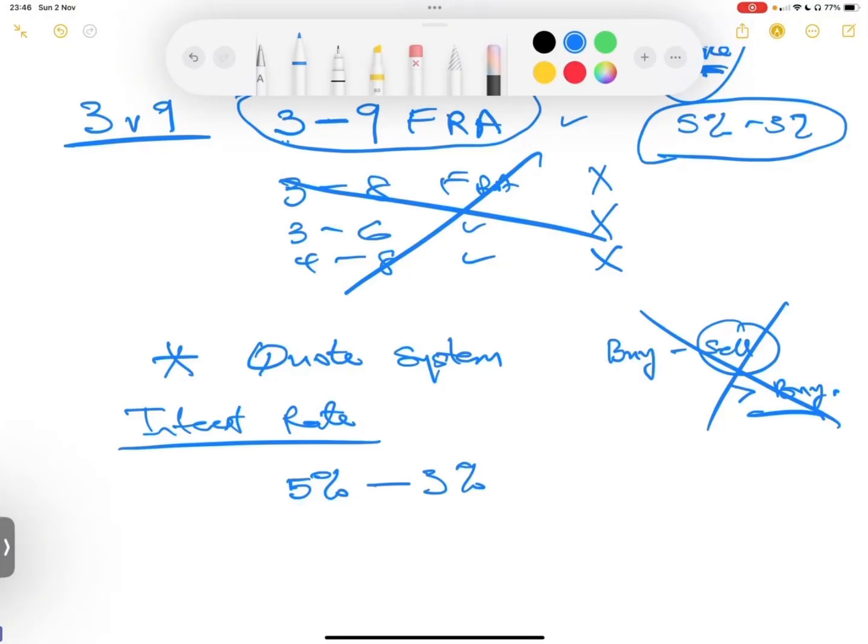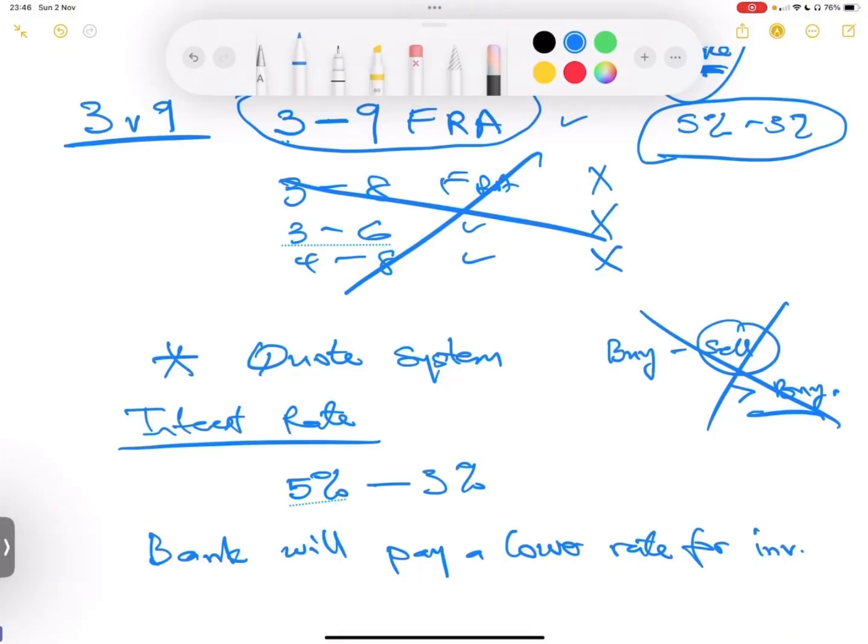But whichever the case you see, the bottom line is that you must know that the bank will pay a lower rate for investing, which is people that are giving their deposit to bank. Will pay a lower rate for, let me put it to investors so that's clear.